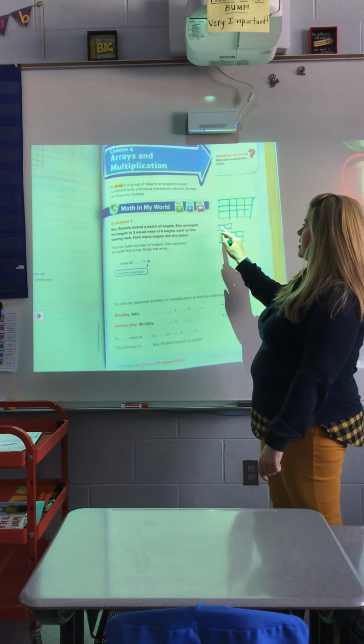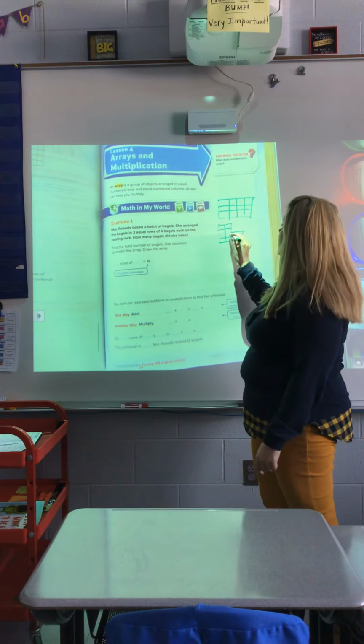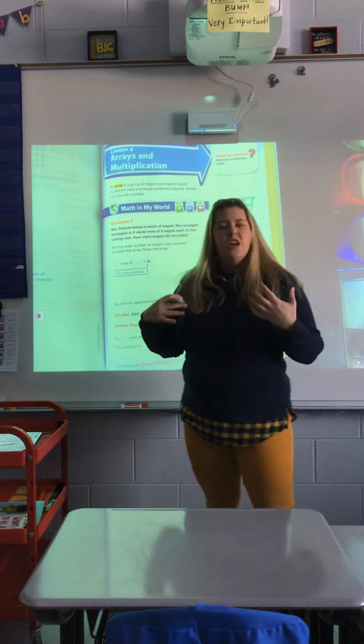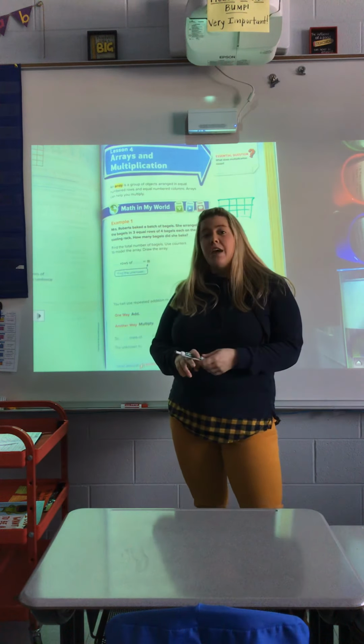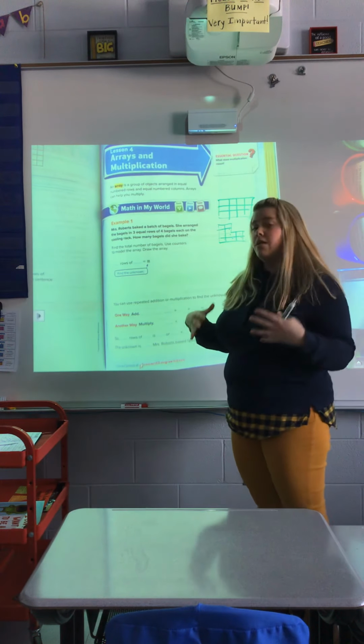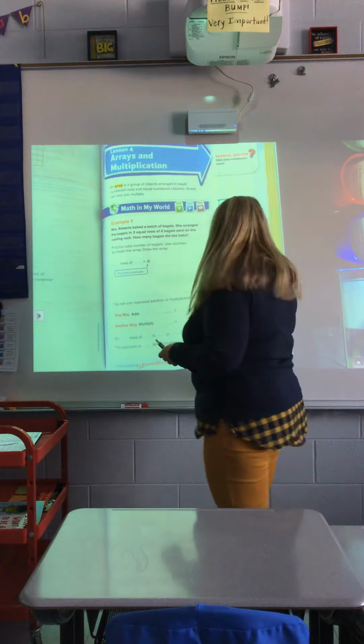It's not, because look, these only have 2 blocks in them. These have 3, so it's not equal, okay? A quick and easy way to kind of check for it is, does the shape of your array make either a square or a rectangle? If it does, there's a good chance that it's equal.